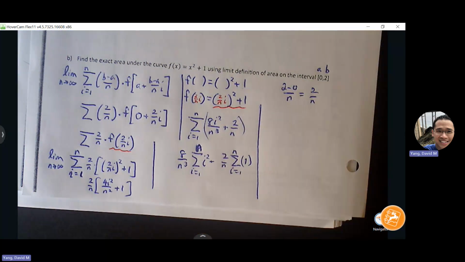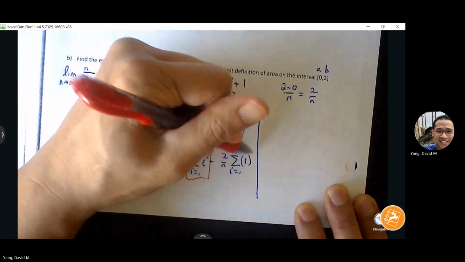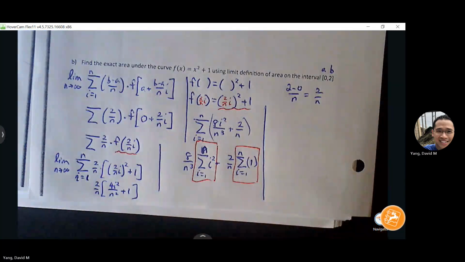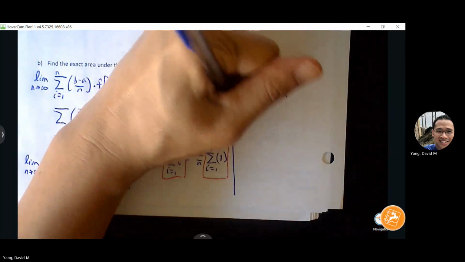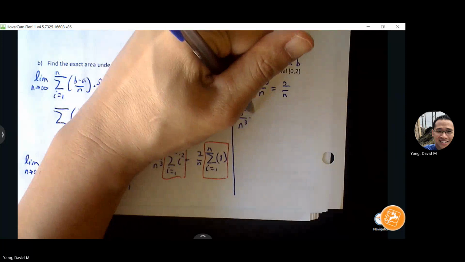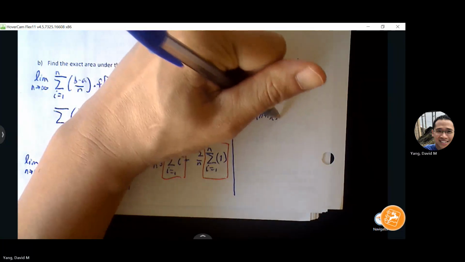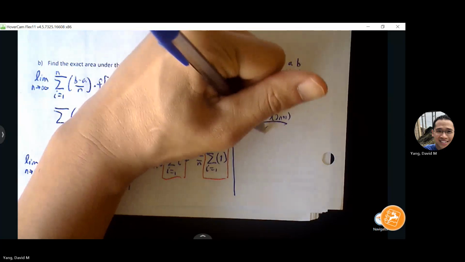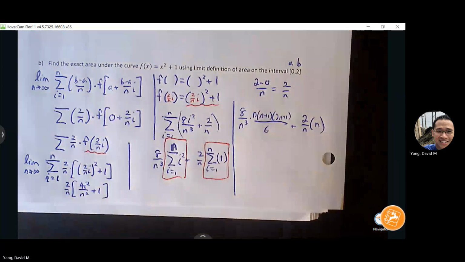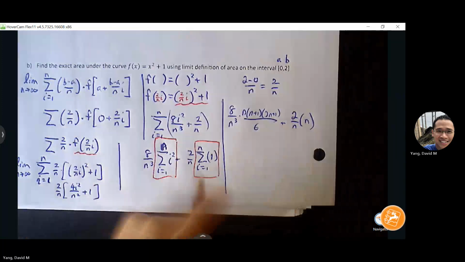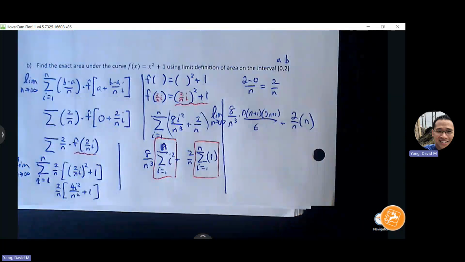So we know we have a rule for summation i squared. We got a rule for summation 1. Summation i squared. And we're doing the limit as n approaches infinity, so we only care about the highest degree.